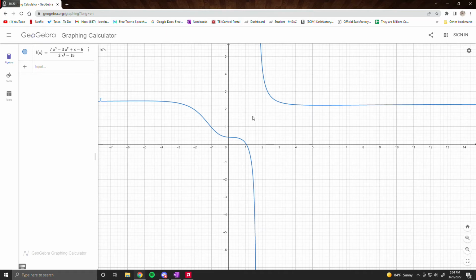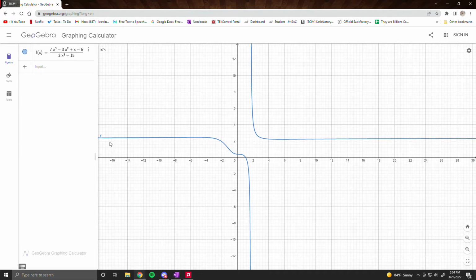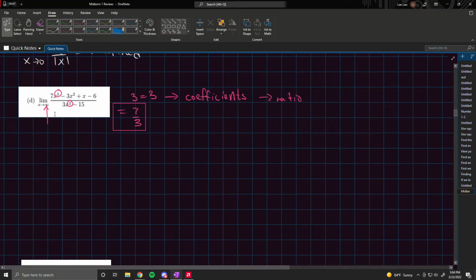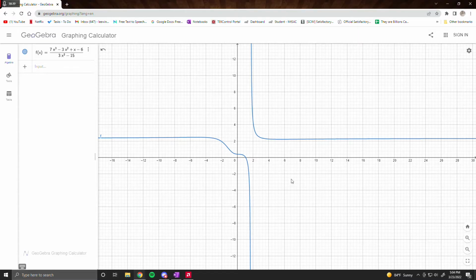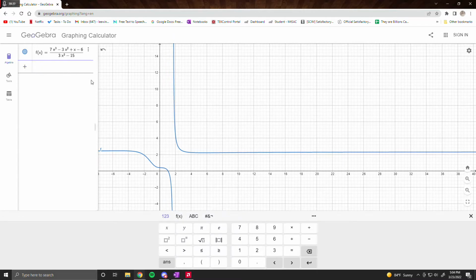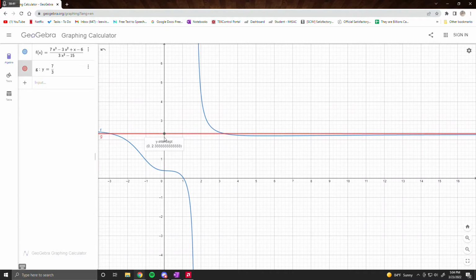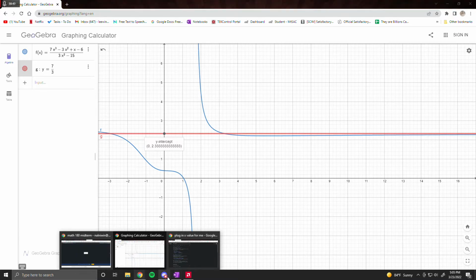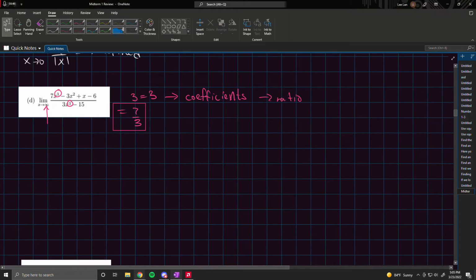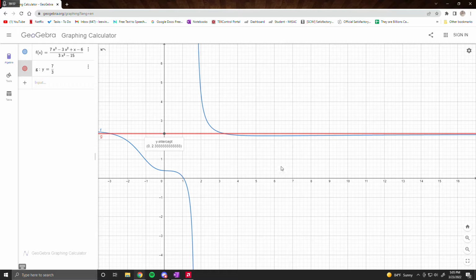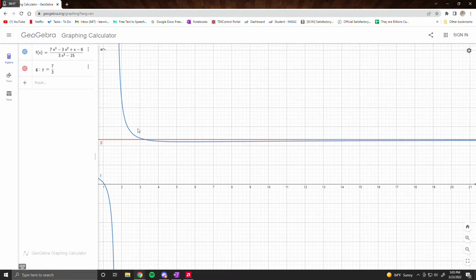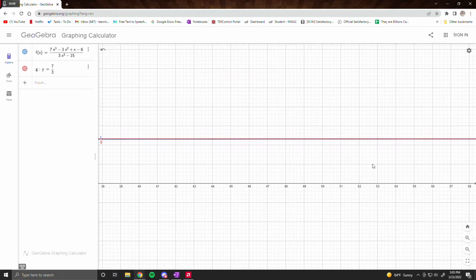So this is what it looks like. We're interested in positive infinity, right? So if you look at the graph, let me plug in y equals 7/3. And this 7/3 is what we came up with, right? So that's the limit we got. It should be 7/3. So let's see what's going on. Okay, there we go. Right, and it seems like it is approaching it.